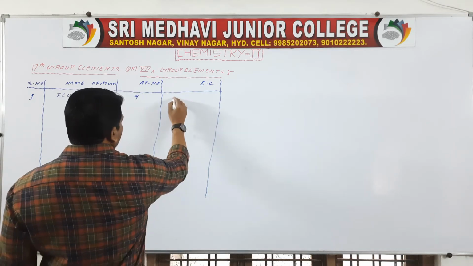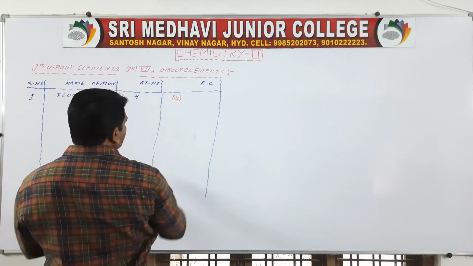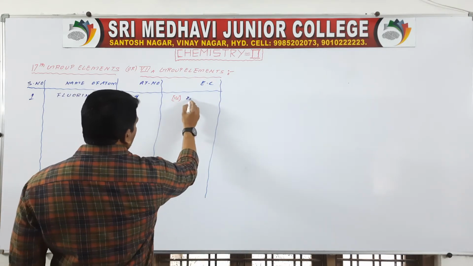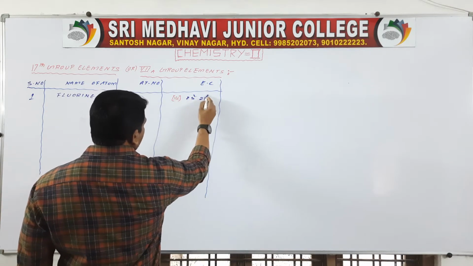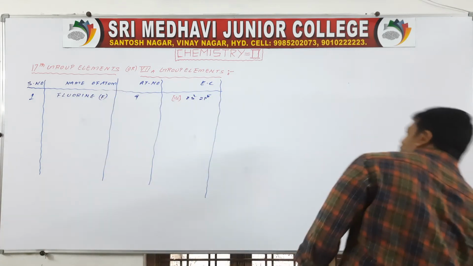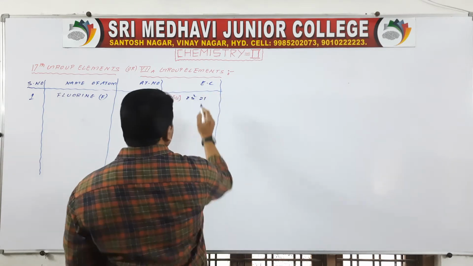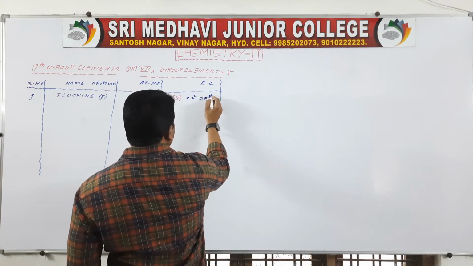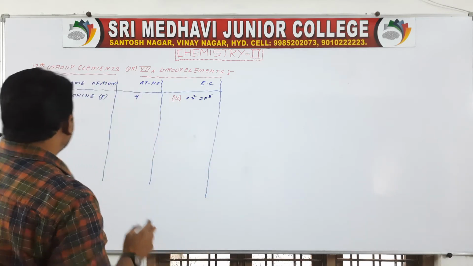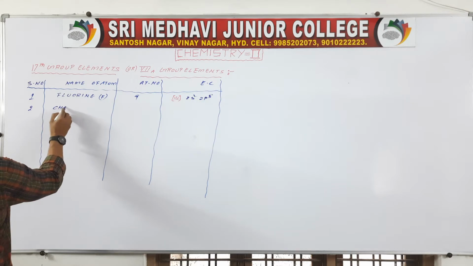Electronic configuration: by using noble gases we may write the condensed electron configuration, helium 2s2 2p5. Then the second one, after fluorine, is chlorine.